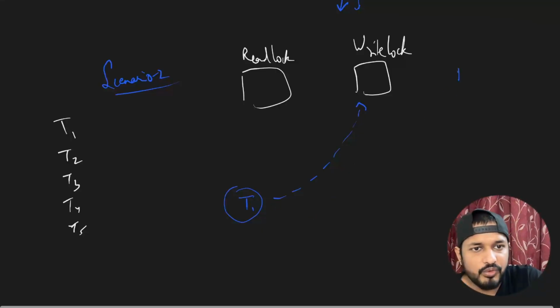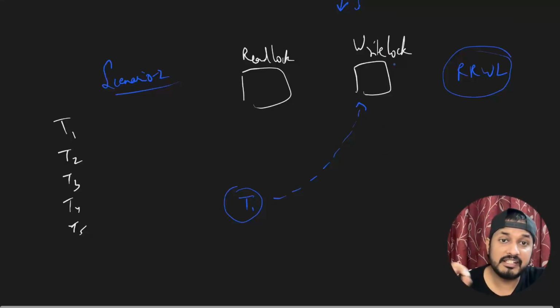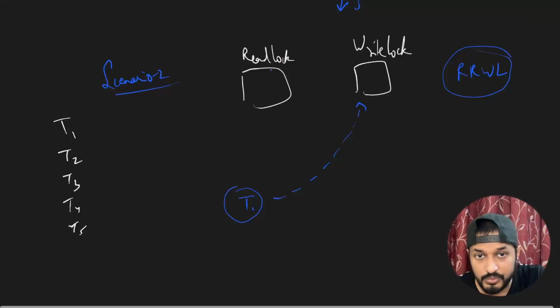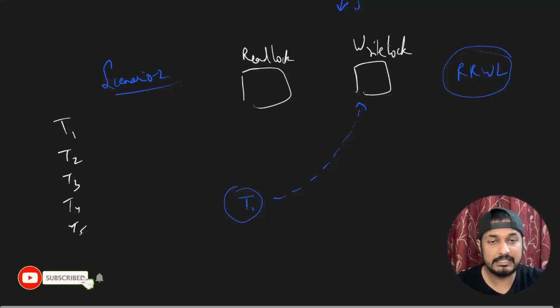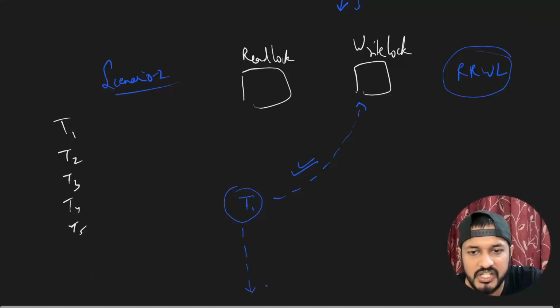At that time, what will the RRWL class see? It will check that none of the other threads are acquiring the ReadLock, correct? None of the other threads are acquiring the WriteLock as well. So both of these locks are completely open to be acquired. Therefore, T1 will be allowed to acquire the WriteLock and perform its operations.